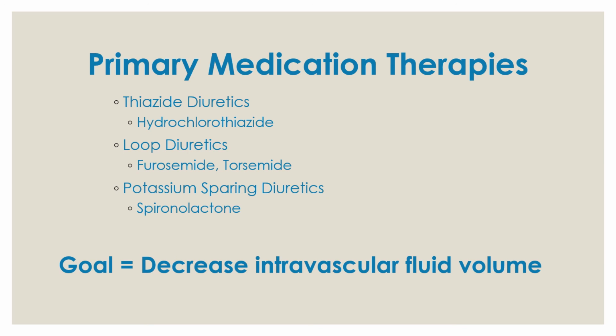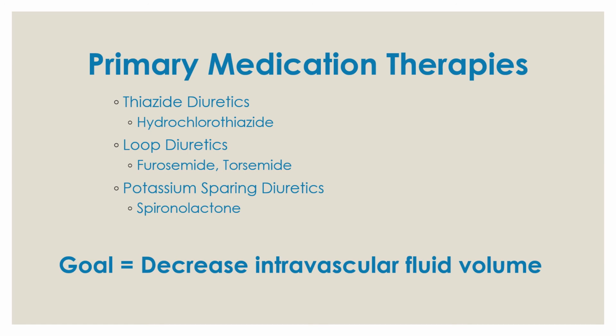So our primary medication therapies are diuretics. And the goal of diuretics is to decrease intravascular fluid volume. And so the first line treatment is usually with a thiazide diuretic, and the drug of choice is hydrochlorothiazide, which is often written as HCTZ.